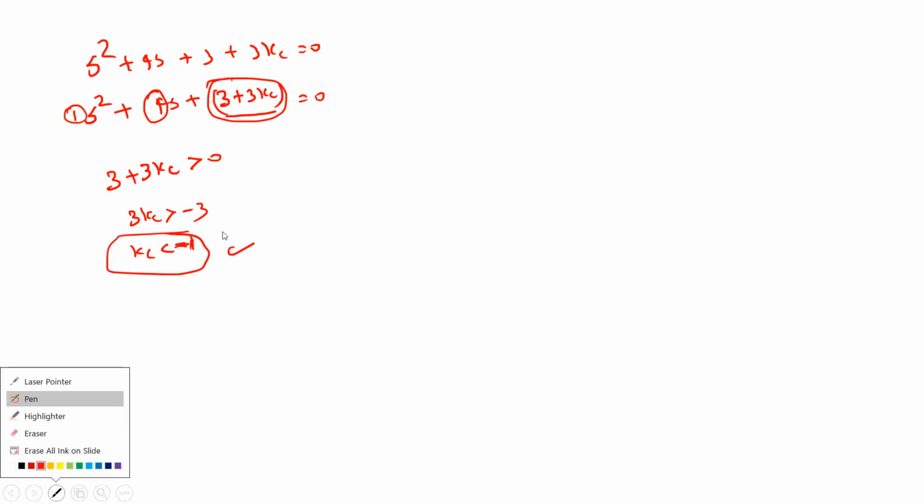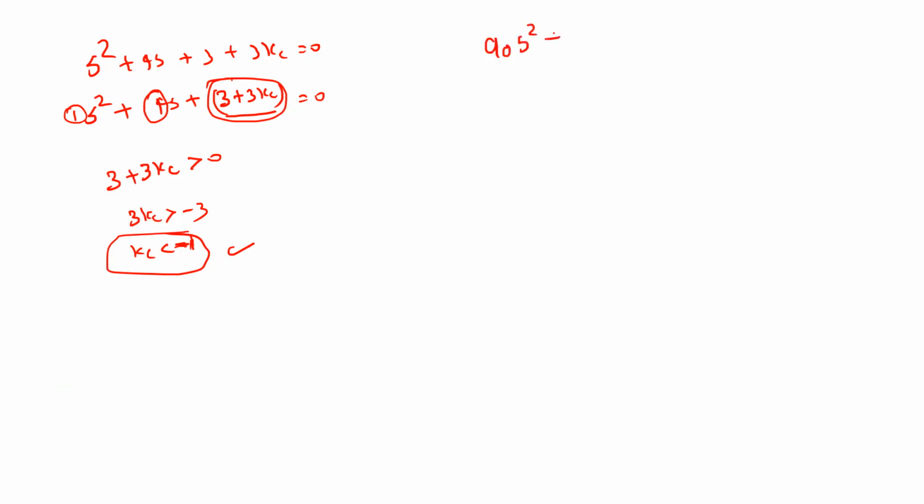Now, you have calculated this particular thing, or you can calculate from the Routh array. So you have to make the Routh array. This is a naught S square plus A1 S plus A2 S to the power 0 equal to 0.